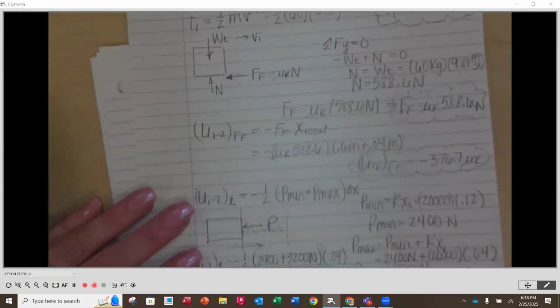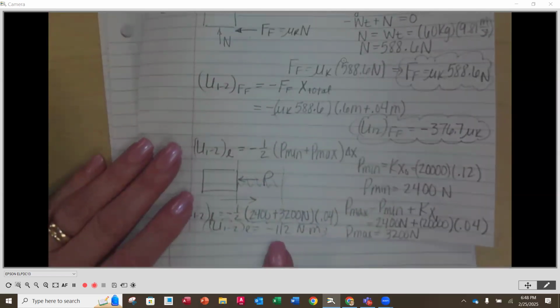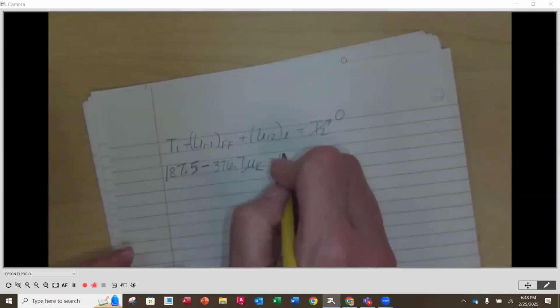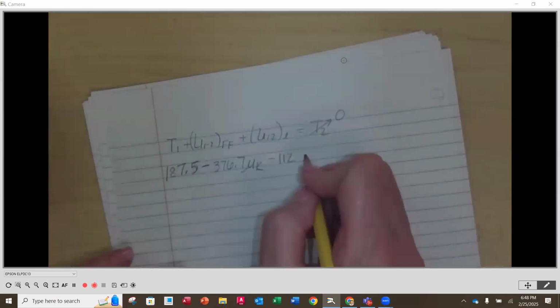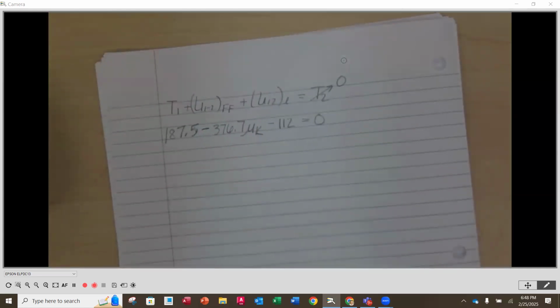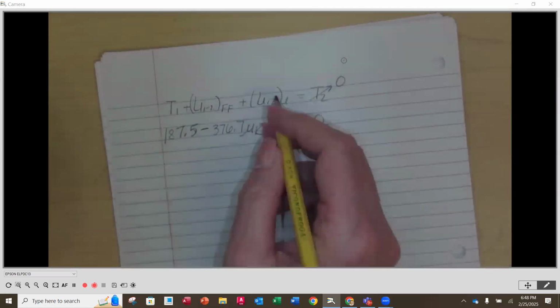We found that to be at the very bottom down here, a negative 112. Equal to 0. Okay. So now it looks like we can combine the 187.5 and the 112 and solve for our coefficient of kinetic friction.